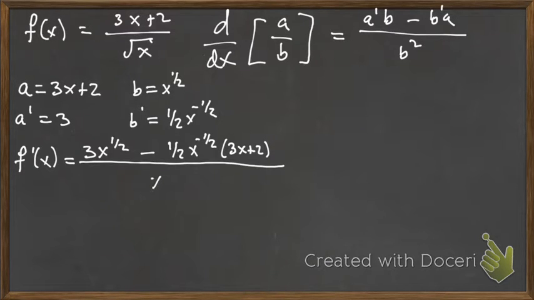Okay, now it's going to get a little tricky here because I'm going to factor out a 1/2. Okay, factor out a 1/2 out of the top. So we're going to take the 3 and divide it by 1/2. That's going to give me a 6. I said 1/2, right? Well, I meant 1/2.